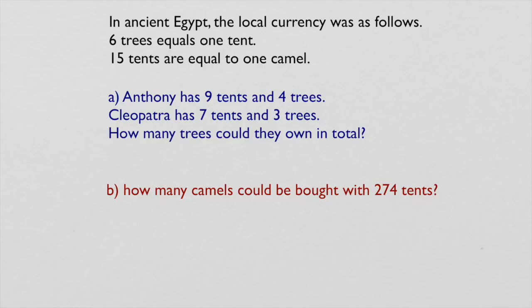And this is the question that we're going to answer. Antony has 9 tents and 4 trees. Cleopatra has 7 tents and 3 trees. How many trees could they own in total as a maximum? And part B, how many camels could be bought with 274 tents?